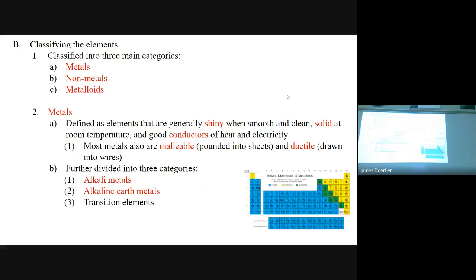Metals are also malleable, meaning they can be pounded into sheets, okay? Think of a mallet. A mallet can hammer into sheets. But it's also ductile, however you want to say it, which means it can be drawn into wire.